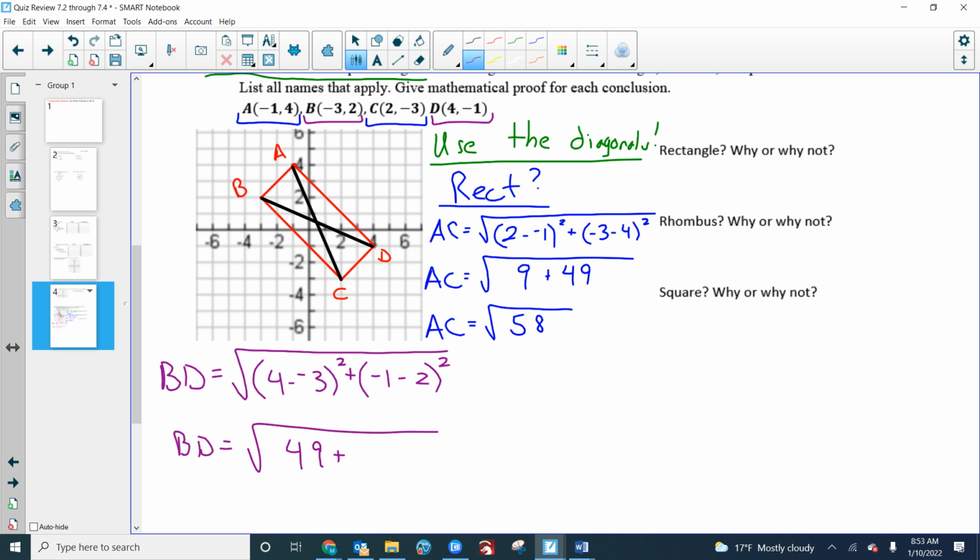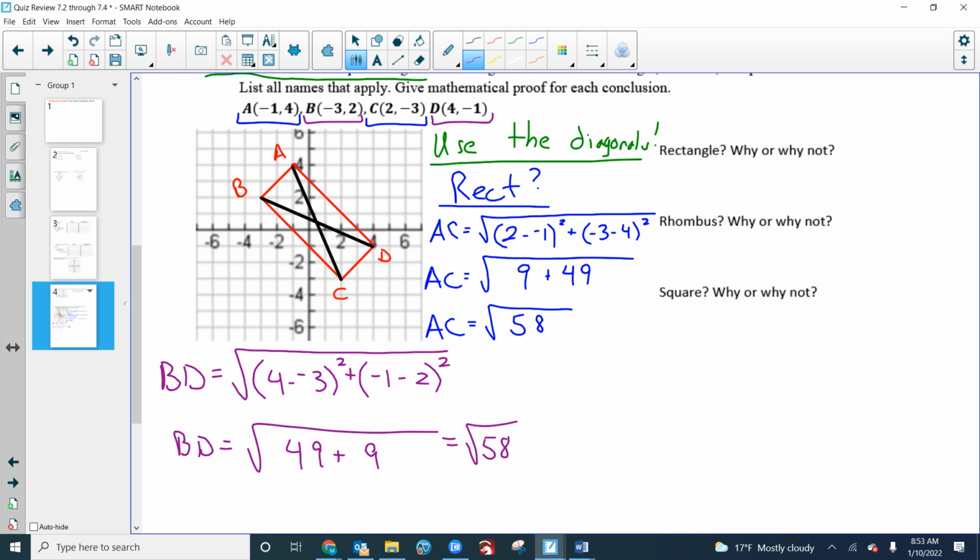Negative 1 minus 2 is negative 3, squared is 9. Oh, look. They're both the square root of 58. Again, I don't care that it's like 7 point whatever, 7.6 maybe. I don't care what it is. They're both the square root of 58.